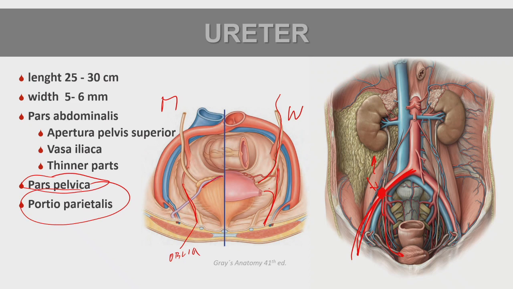And in male, it's important that the ureter is crossed also by the ductus deferens.